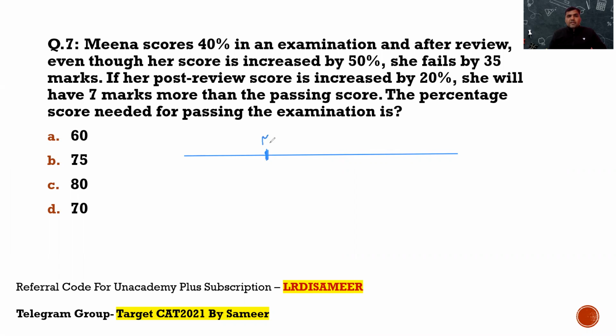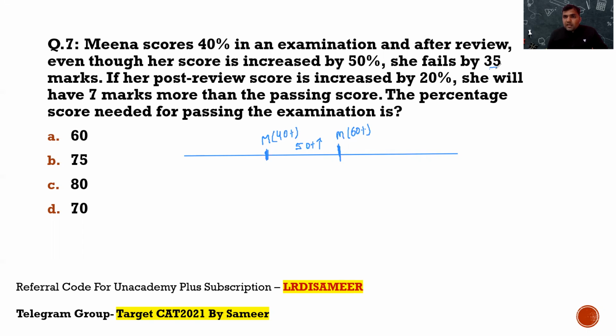After review, her score increased by 50%. See, a 40% score when increased by 50% means the new marks that Meena will be getting would be 60% of total marks. So this is the score of Meena after review, right?